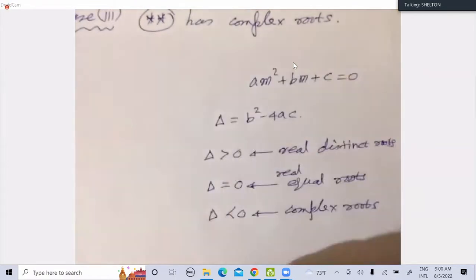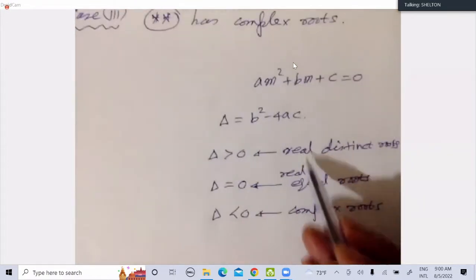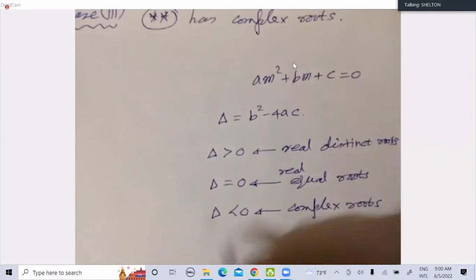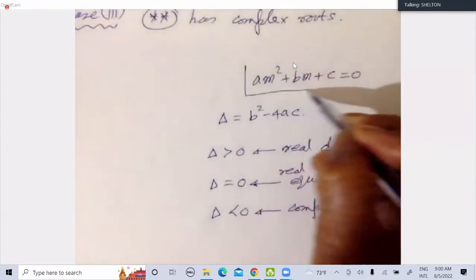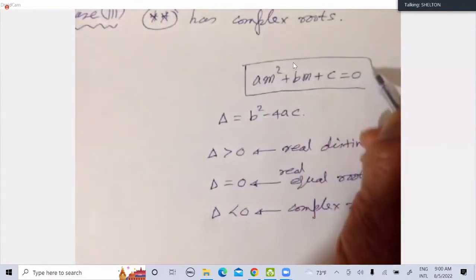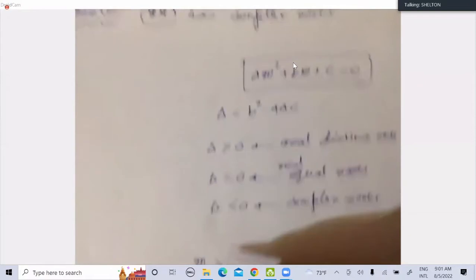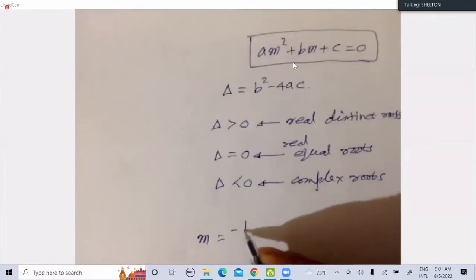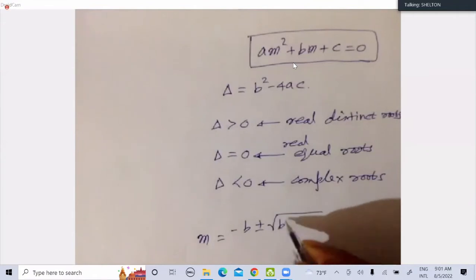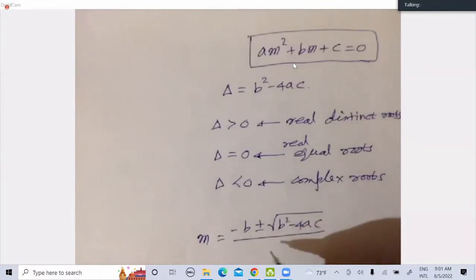So here, with a quadratic equation, how do you get these three cases? We know the solutions are given by m is equal to minus b plus or minus square root of b squared minus 4ac, divided by 2a.